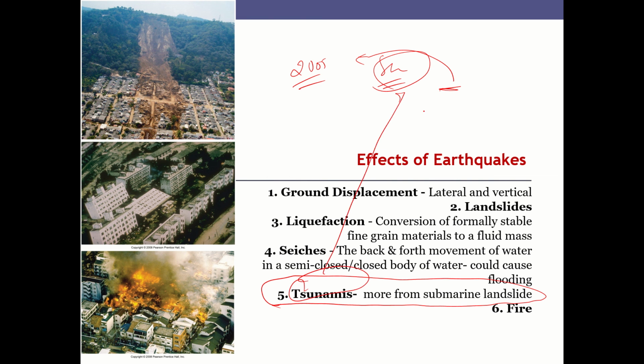Again, this is because of the movement of the earth mass under the ocean, and that results in release of energy, that ultimately is affecting the movement of water, and the water reaches the seashore.